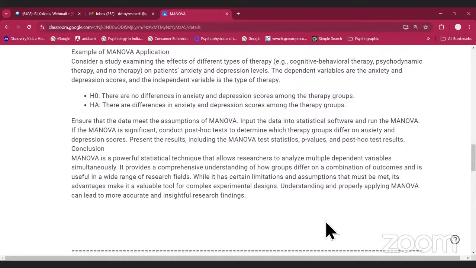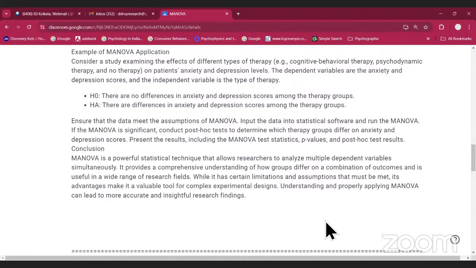In the case of ANOVA, the basic assumption is that the dependent variable will be single. But in the case of MANOVA, the assumption is that the dependent variables will be multiple, and they are linearly correlated with each other. But in that case there should not be multicollinearity. Right, sir.